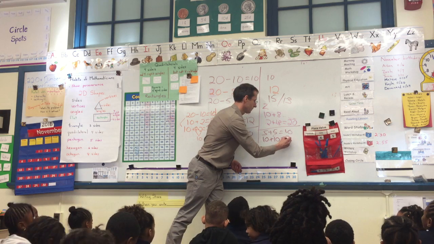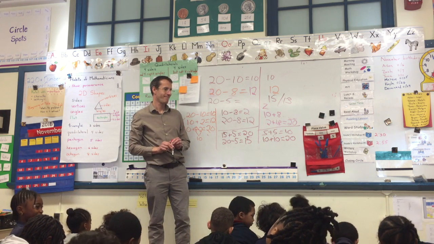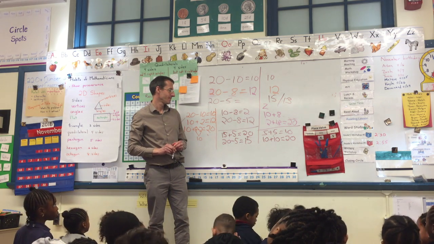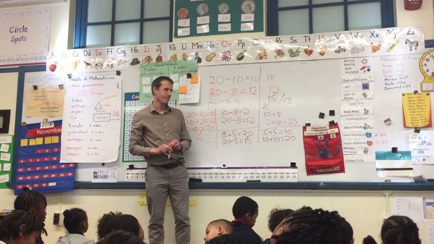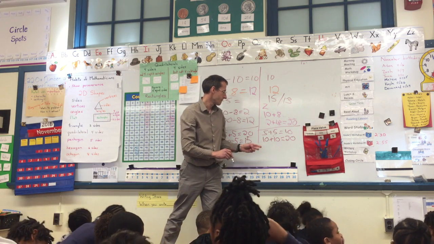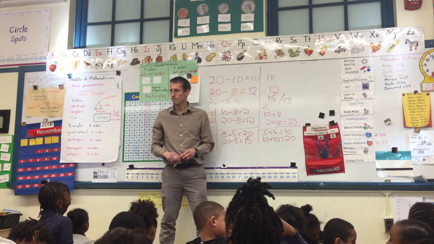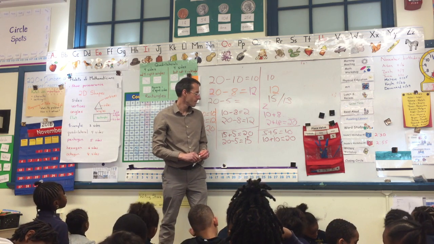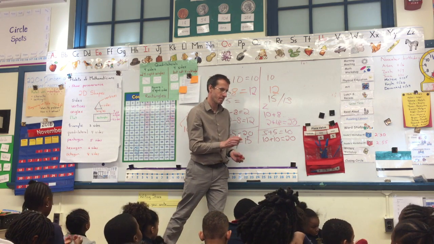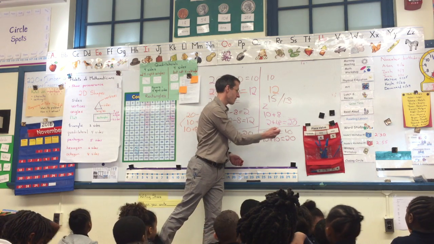And now I know that if you get the 20 and then you get one of the 10 from 10 plus 10 equals 20 and you plus it with 5. Okay, so you know 5 and 5 is 10.